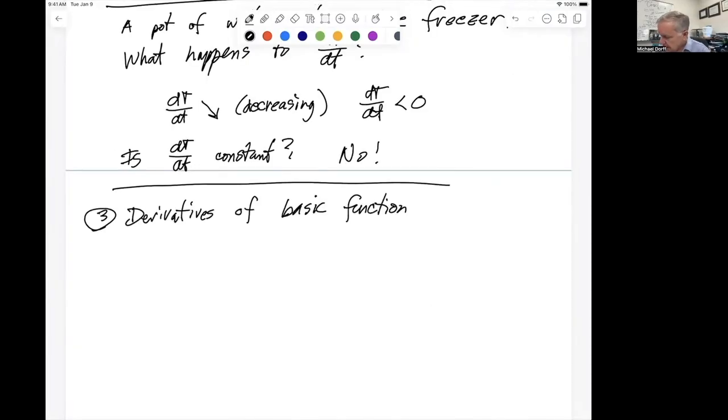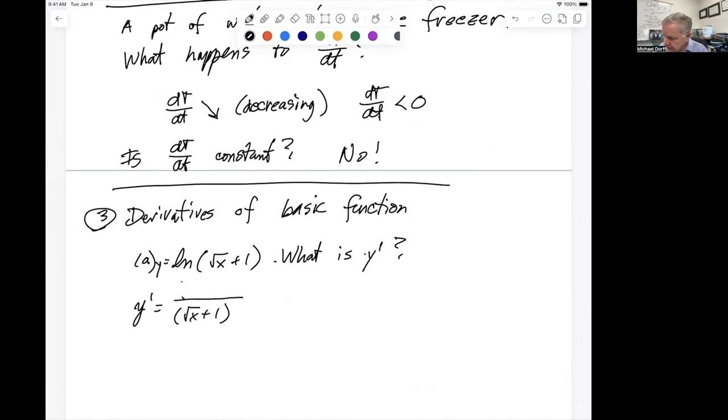Number three, let me give you a couple examples here. The log of the square root of x plus 1, and that is y. So what is the derivative of that? Well, y prime is going to equal, the derivative of a log function is I take what's inside and I put it in the denominator.